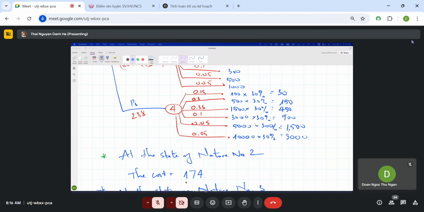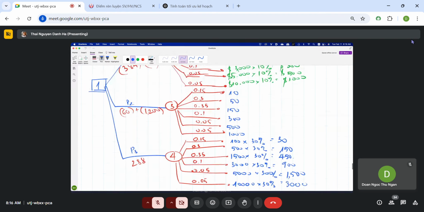Okay, so how can we get this number, right?